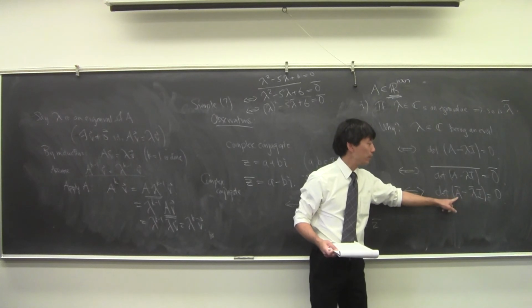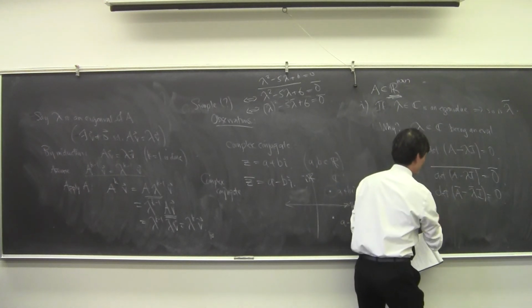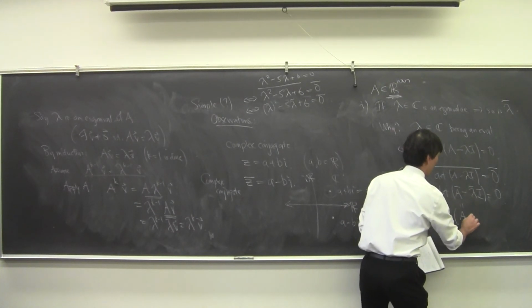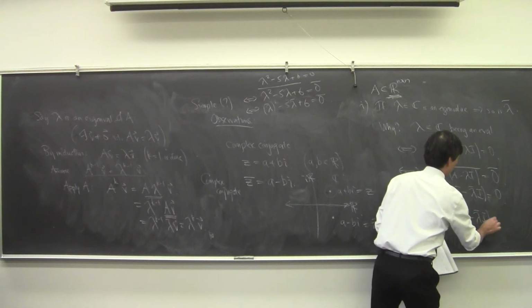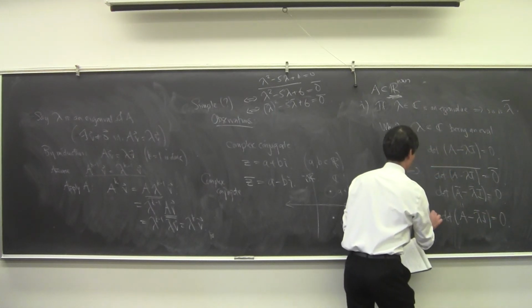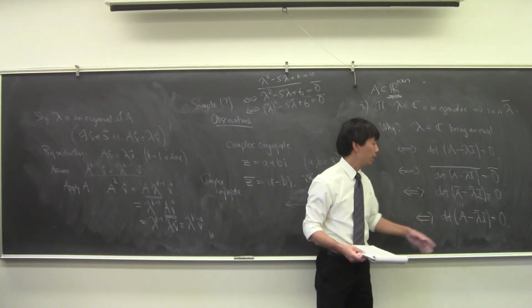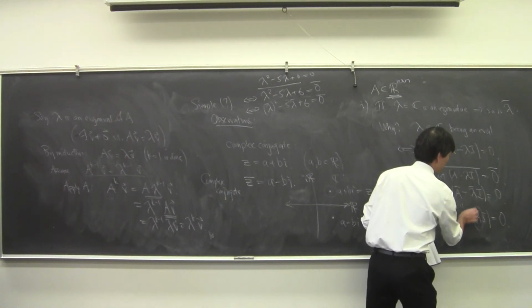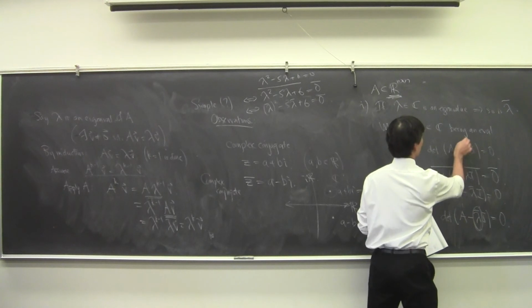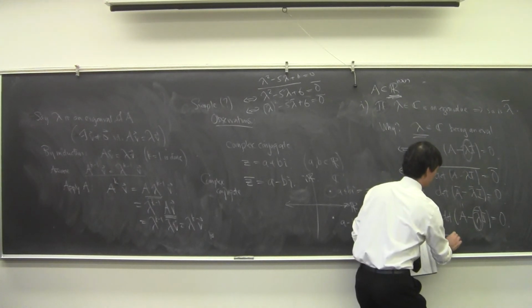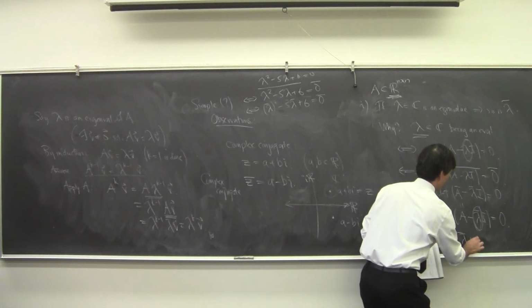But since A is a real matrix, A bar is the same thing as A. And so what you see is that if lambda is an eigenvalue, then lambda bar is an eigenvalue.